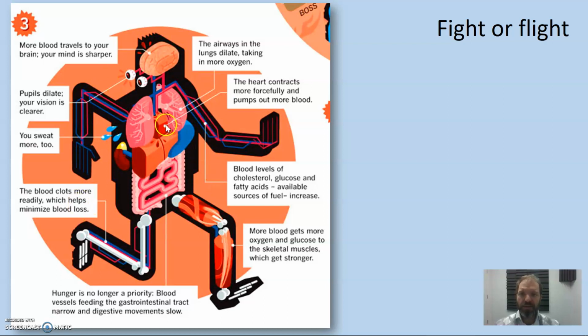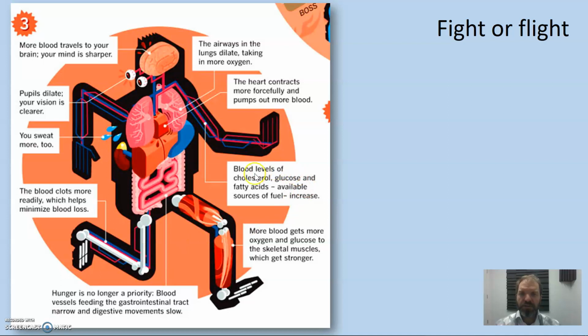So clearly we have the heart rate, so stronger heart rate, stronger, more powerful beats as well. The airways dilate, so you can increase the level of oxygen and more blood flow to the muscles. So all of those things are going to increase the rate at which oxygen can get to those muscles to be used for production of energy for rapid movement.